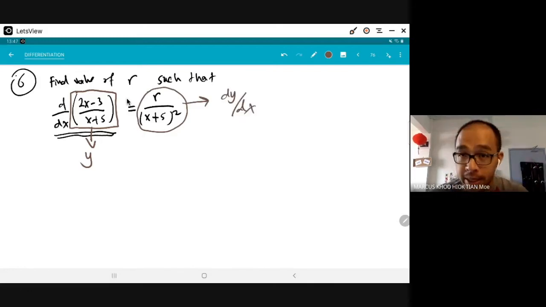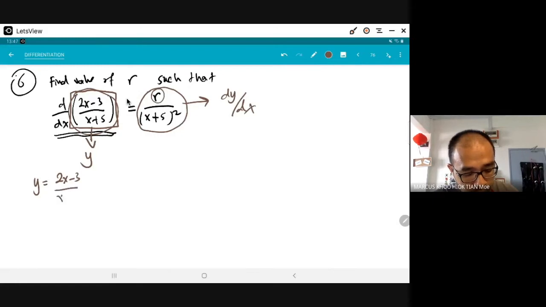Dia sudah kena beza. Cuma ada huruf R di sini yang bikin kacau. So how are we going to find the value of R? You need to differentiate this. Kalau y sama dengan 2x minus 3 over x plus 5, what is dy dx?